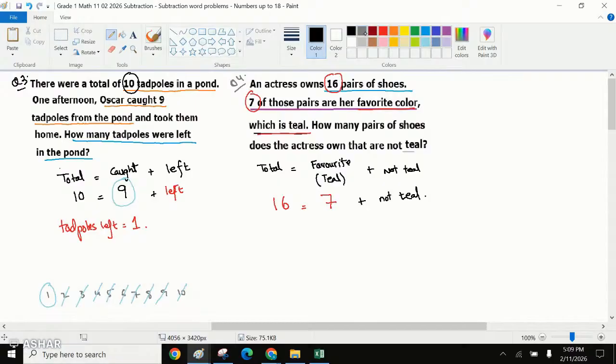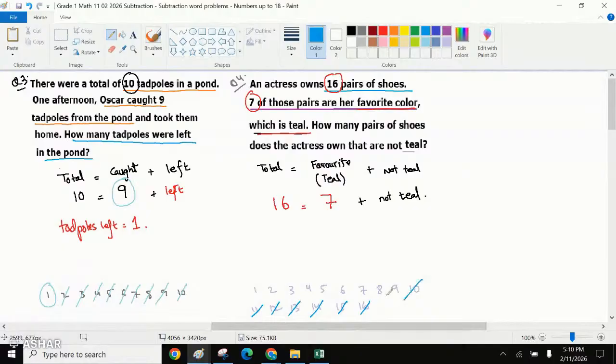We subtract, and in order to subtract, we can write the numbers 1, 2, 3, 4, 5, 6, 7, 8, 9, 10, 11, 12, 13, 14, 15, and 16. If we have the numbers up to 16, we remove the 7: 1, 2, 3, 4, 5, 6, and 7.